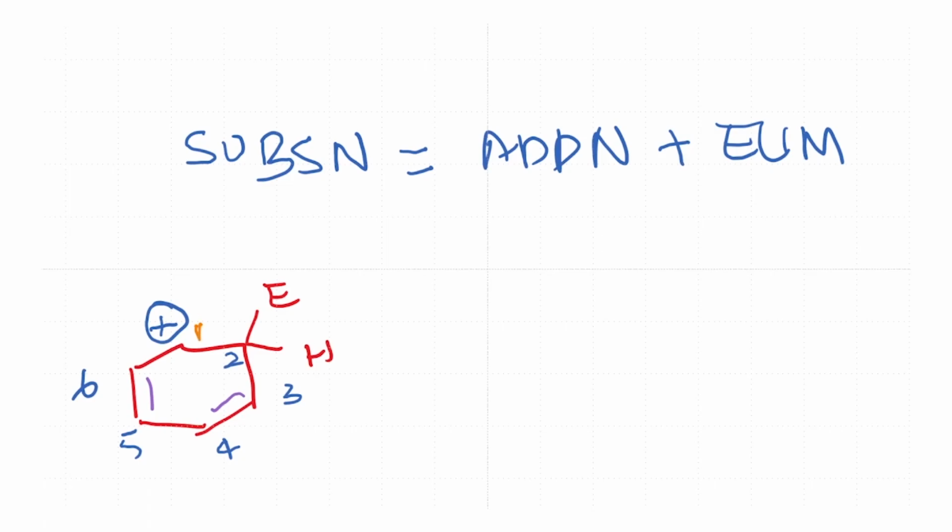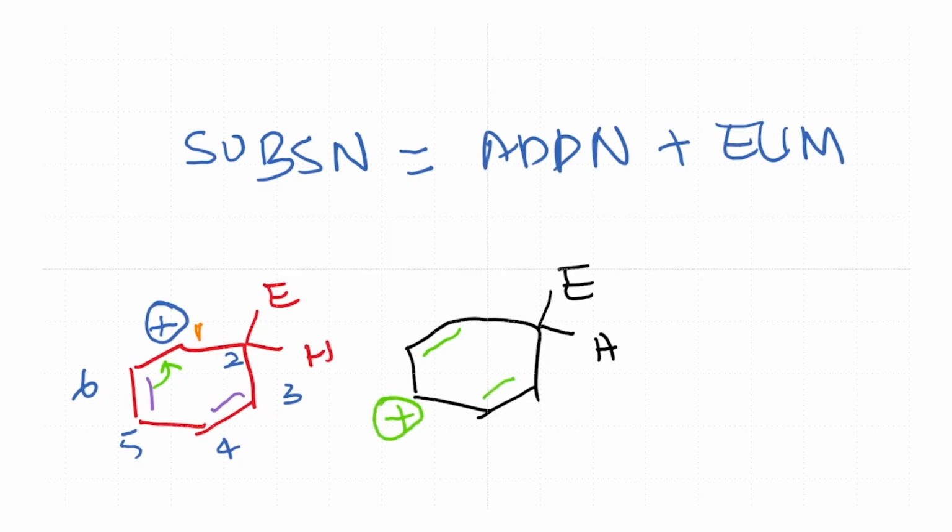Okay, so one way to draw a resonance form is to push these electrons over here. When you push the electrons over there, the resulting structure has exactly the same structure, except that there's a new double bond formed here, and there would be a positive charge here. This double bond remains intact. Just to complete the numbering, this is 1, 2, 3, 4, 5, and 6.